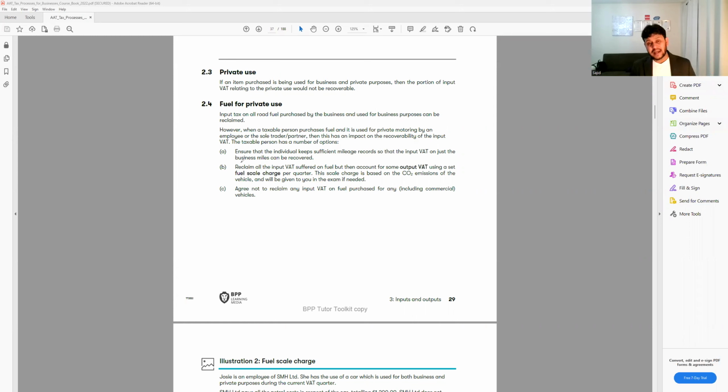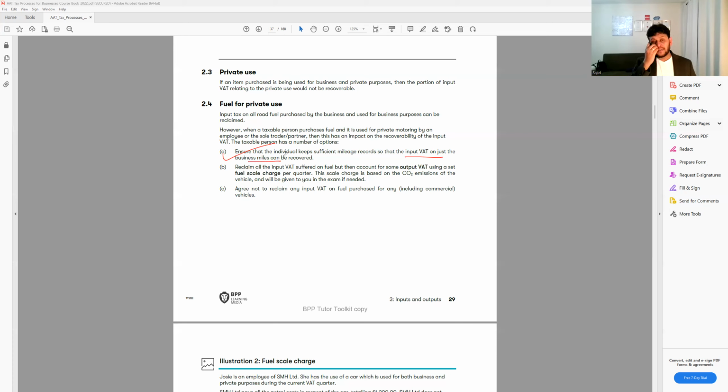If this is the case, we have to keep a record of the mileage. For example, if I drive 10,000 miles in one quarter, and 5,000 are for business and 5,000 personal, I can only claim the VAT on the 5,000 business miles. The private part is not allowed. So this is for the fuel. Number 1: I have to keep the mileage so that I can claim only the VAT on the business miles.